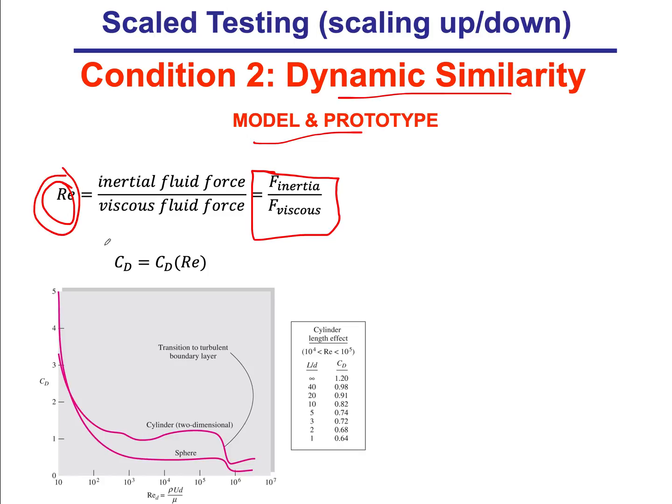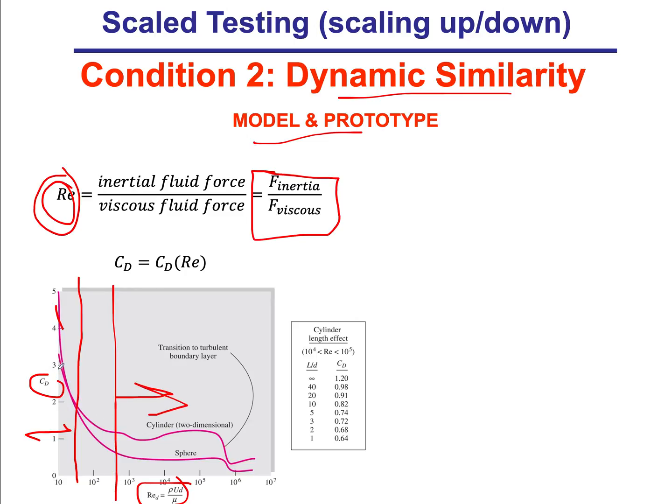And we have seen in the example of the drag coefficient versus Reynolds number that the drag coefficient is a function of Reynolds number according to this plot. And what this plot tells you is that you have the low Reynolds number region, which we call the creeping flow or Stokes flow, Reynolds number less than 1. And then we have the high Reynolds number flow, which is above 100 to 1000.